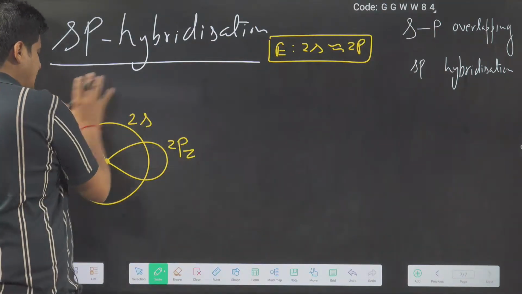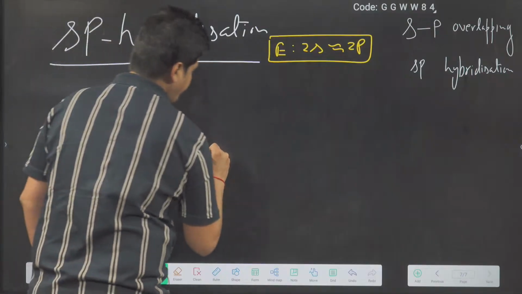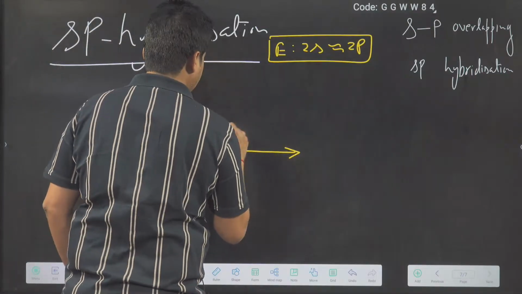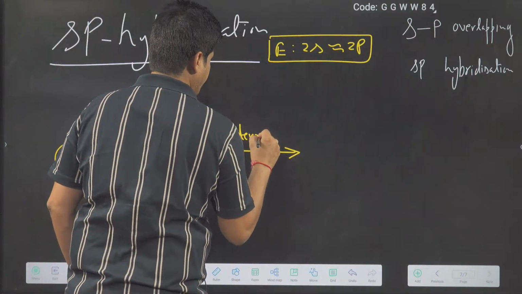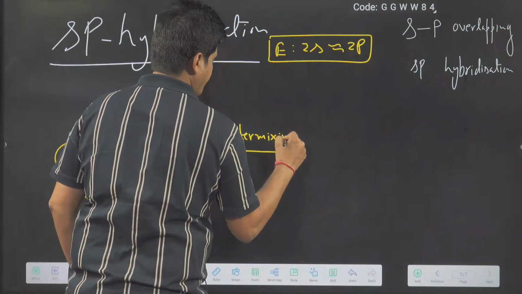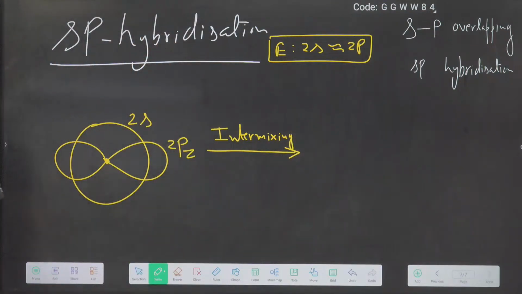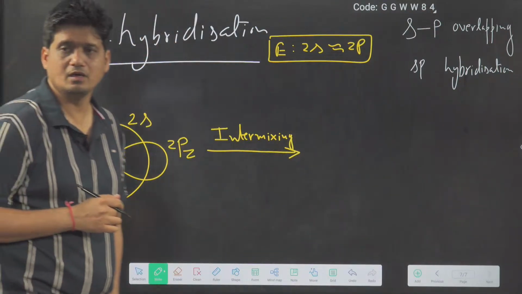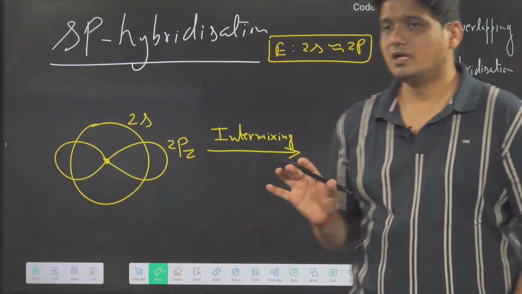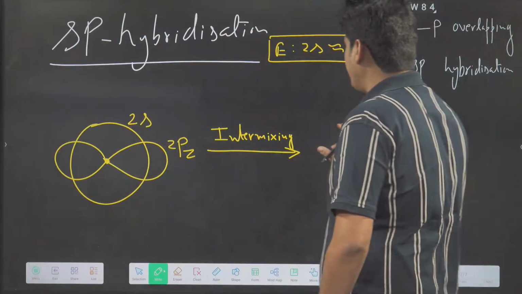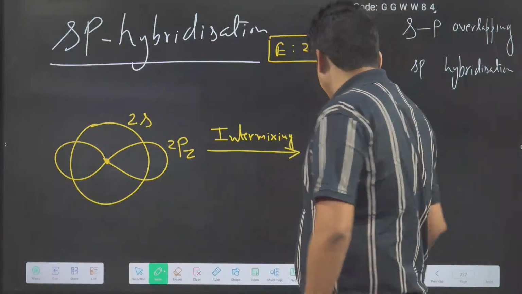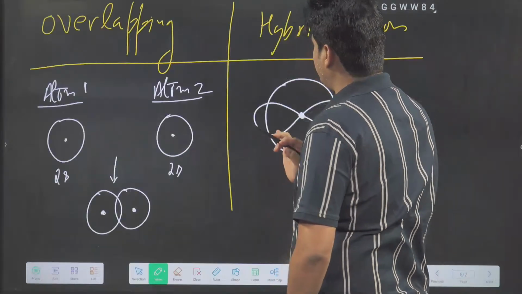Now these orbitals are going to intermix, or simply, mix. And they will give you hybrid orbitals. Now in hybridization, one very beautiful part is there.